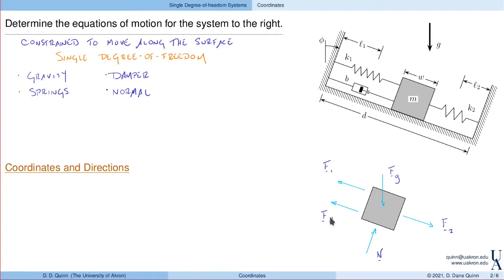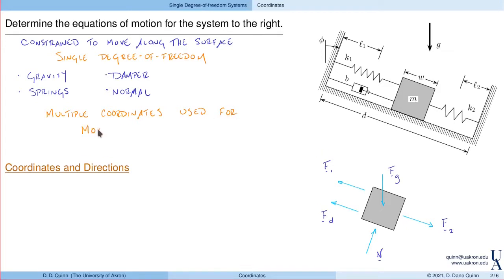Now, again, before we jump into this, we want to think about how we'd like to set the problem up. And notice that we can actually define multiple coordinates that can be used to specify the motion and the different forces.